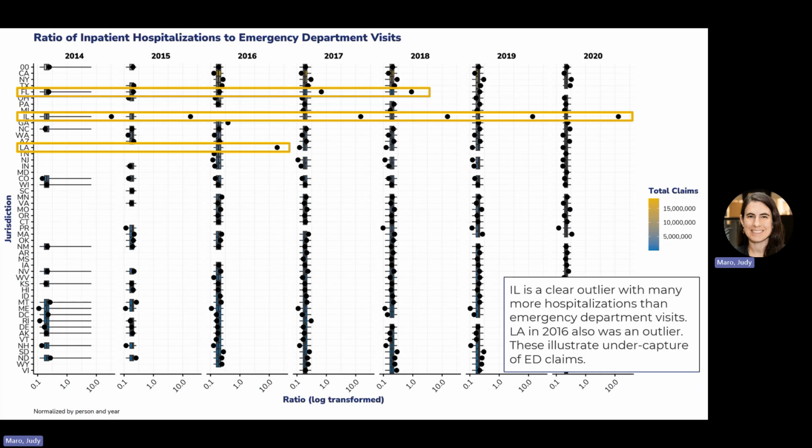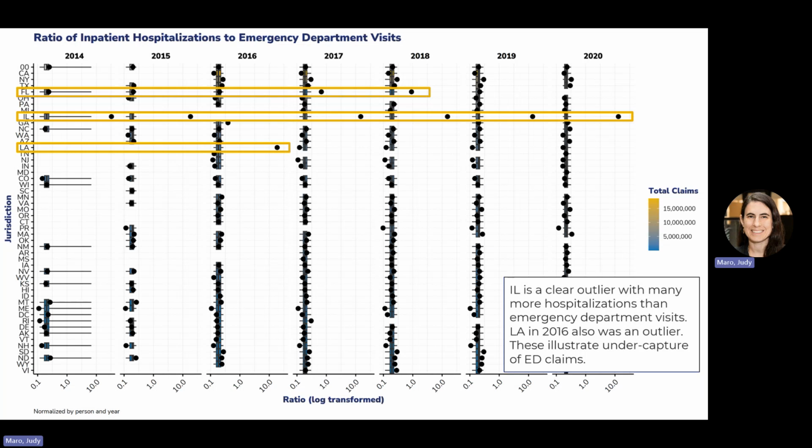What I have highlighted for you on the screen is Florida, Illinois, and Louisiana. In these, the black dots, which are on a log transform scale just so that it fits onto the slide, are clear outliers. They're moving away from that middle bar. And these are jurisdictions where there are many more inpatient hospitalizations than emergency department visits.